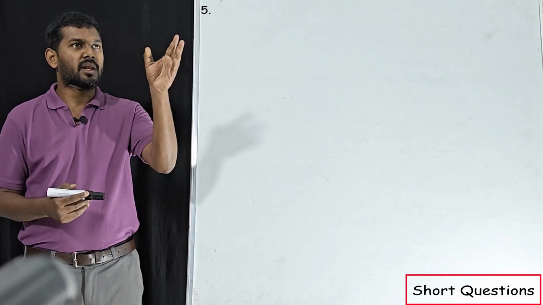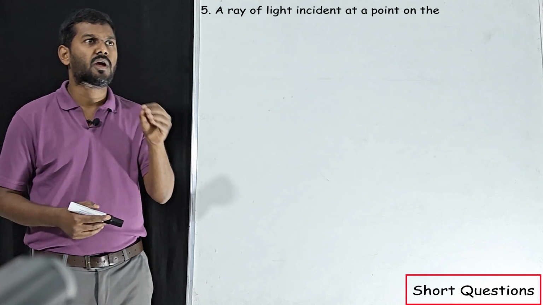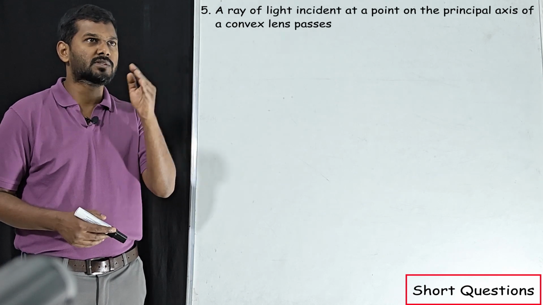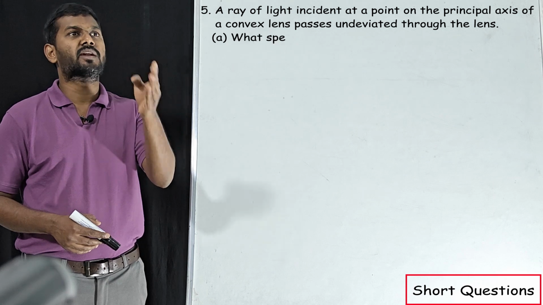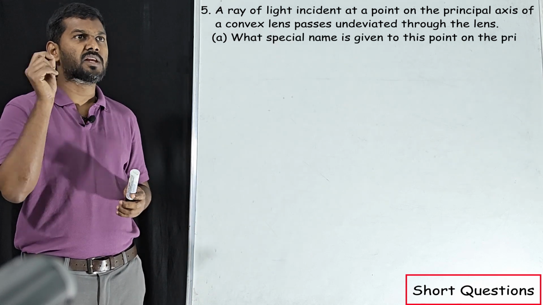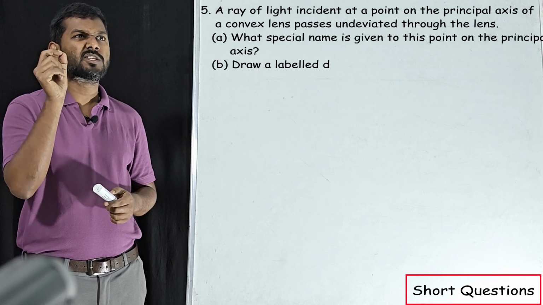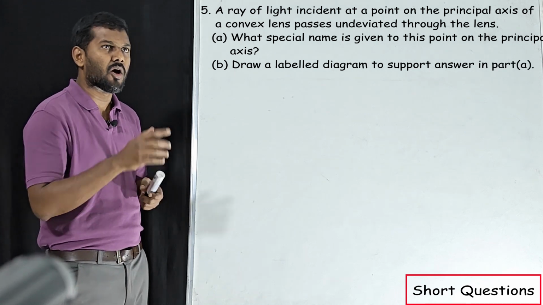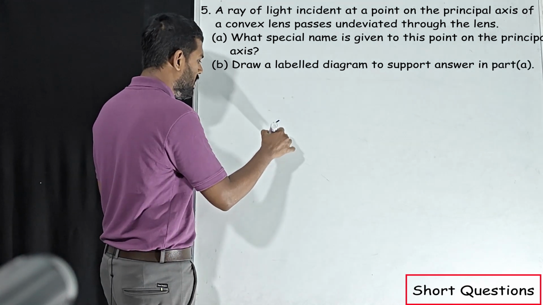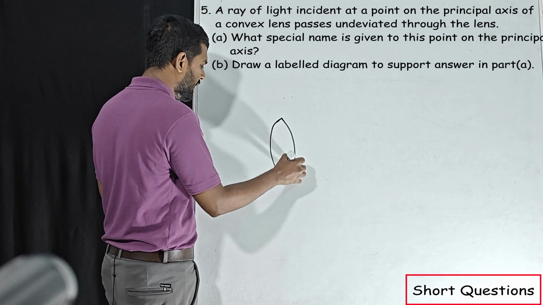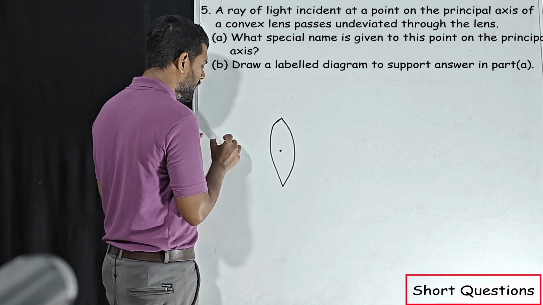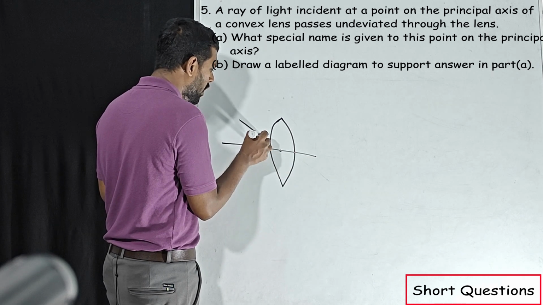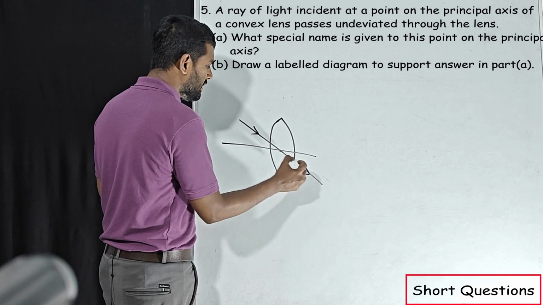Our next question, a ray of light incident at a point on the principal axis of a convex lens passes undeviated through the lens. What is the special name given to this point on the principal axis? We have to draw the diagram. If it is passing undeviated, that means it is passing through the optic center like this.